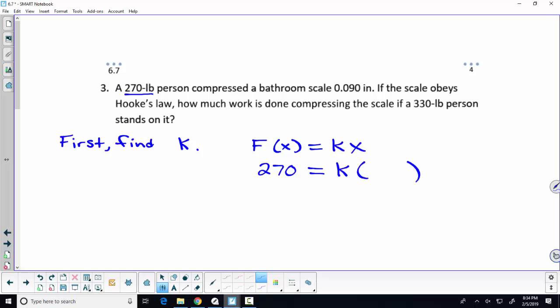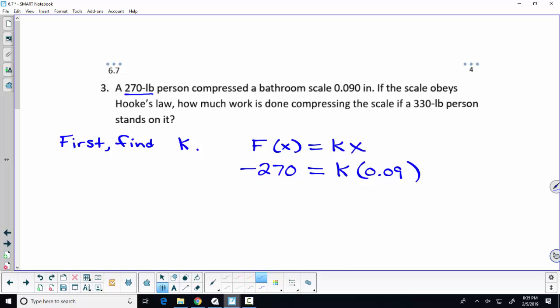Then what's this x here? Yeah, this person compresses the scale. That distance, that x. But is that okay how it is? Our spring constant should be positive, right? That's going to give us a positive k. But in actuality, the weight is pushing down and the scale is being compressed.